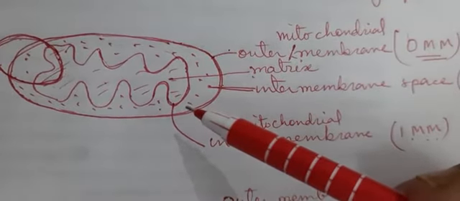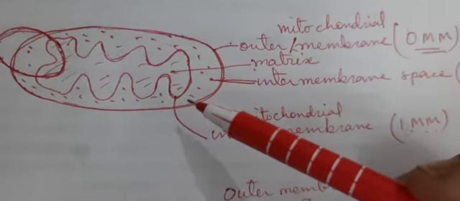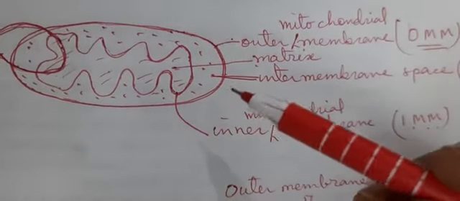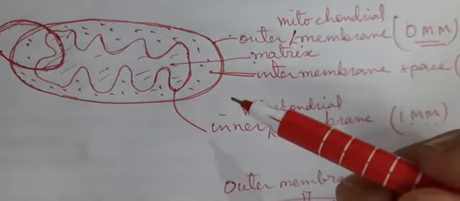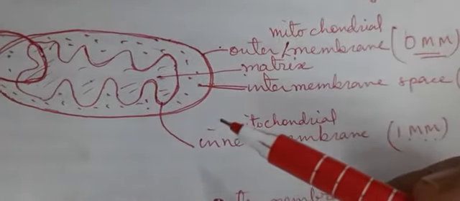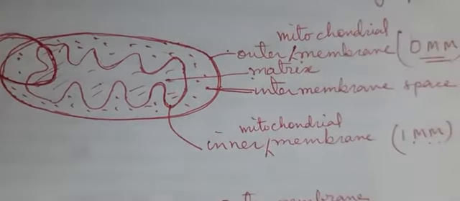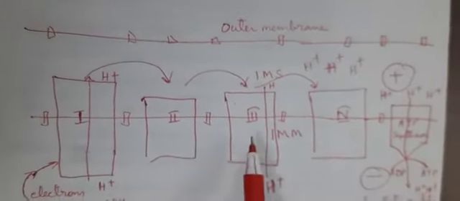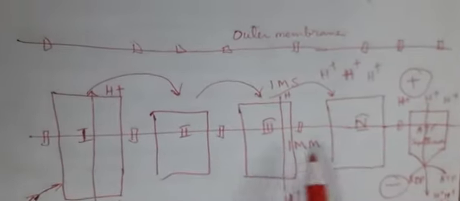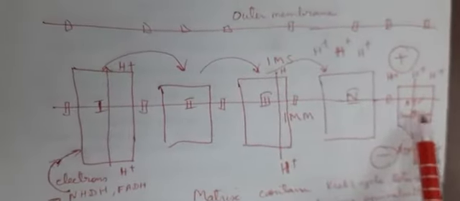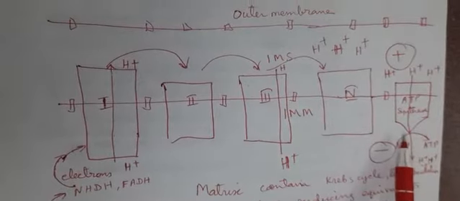The electron transport chain is also called the respiratory chain, and it is composed of 5 enzyme complexes. We can see here these are the 5: 1, 2, 3, 4 and 5. These are 5 enzyme complexes.